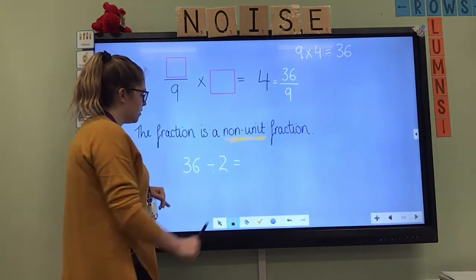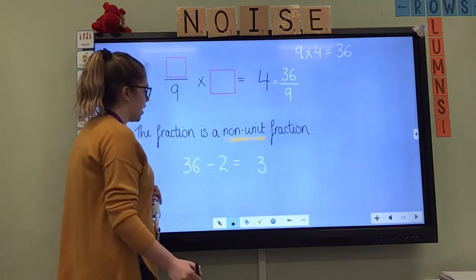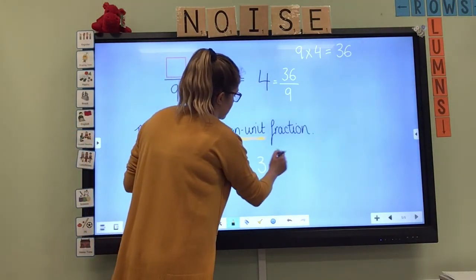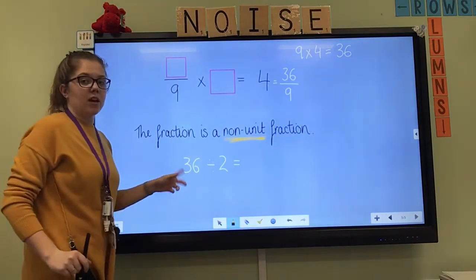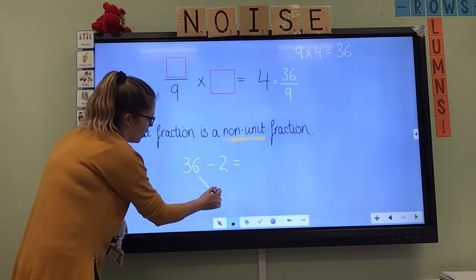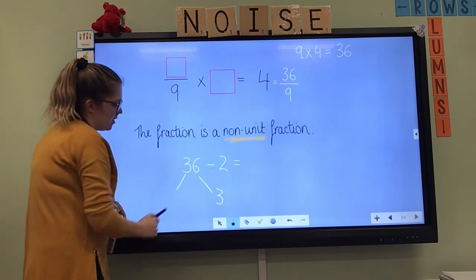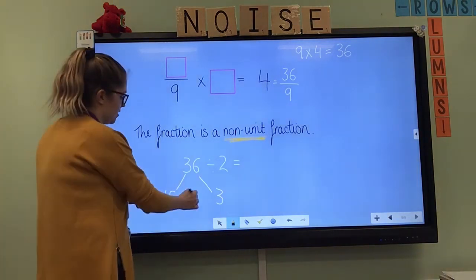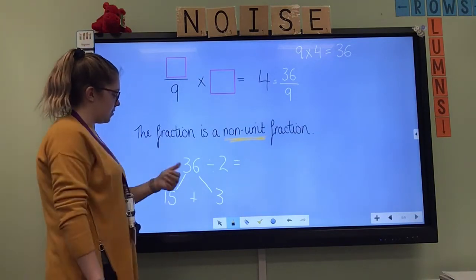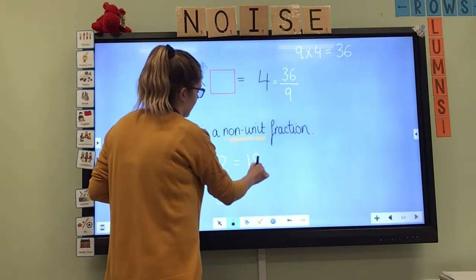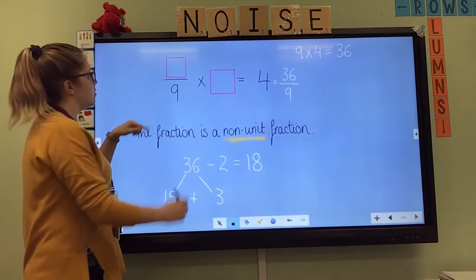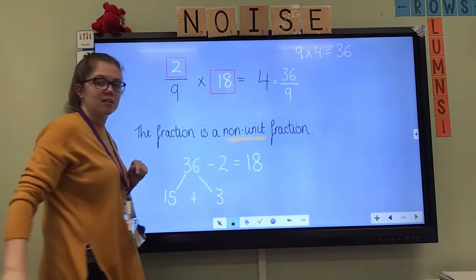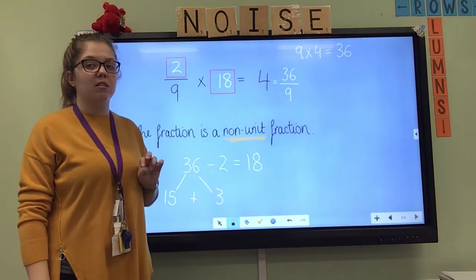I'm going to do 6 divided by 2, which is 3. 30 divided by 2, which is 15. And then what we need to do is 15 add 3. 16, 17, 18. So we could do 2 ninths multiplied by 18. And that would give us the same answer as 36 ninths.